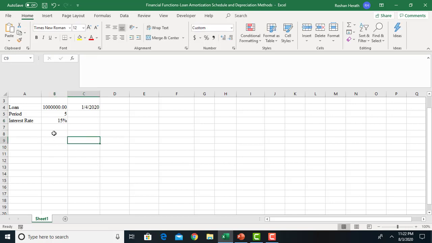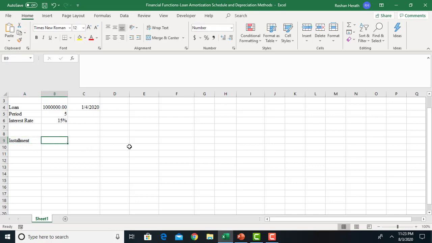And let's assume there is no future value, or that we expect to settle the loan installment at the beginning of the period.